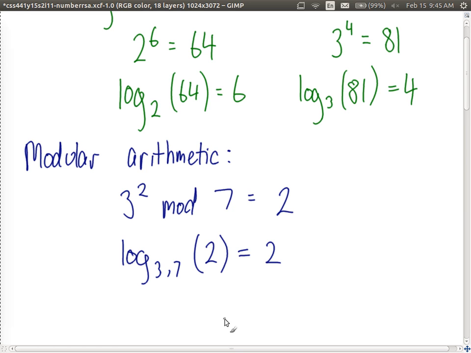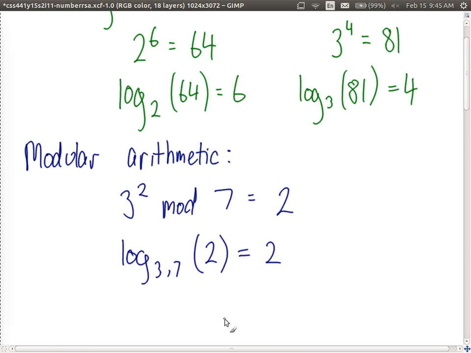3 is the base, 7 is the modulus, in the brackets 2 is the answer that we had from the previous operation, and it equals the exponent. What did we raise to the power of? 2. This is the logarithm. Well, we know that because we just did the exponentiation. We have a special name for this logarithm in mod n.